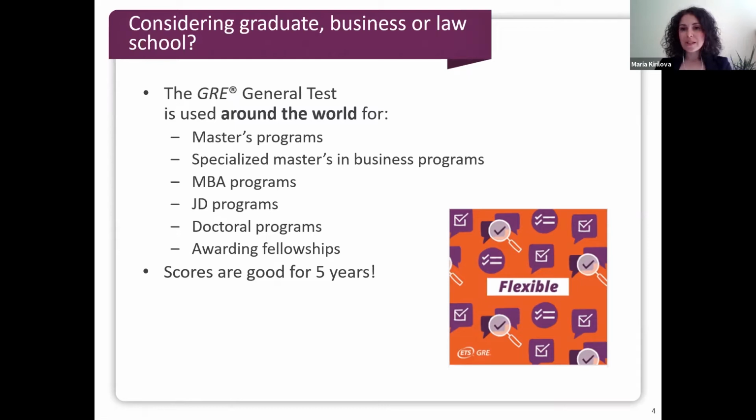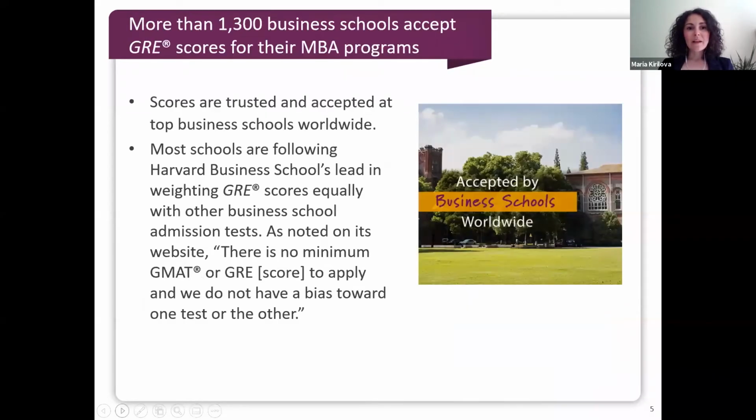The good news is that the scores are valid for 5 years. So if you take the test now, even if your plans change in the next 5 years, you can still use your scores.